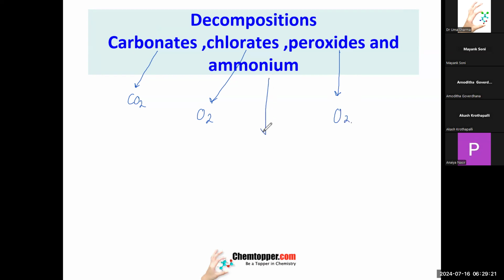All ammoniums undergo decomposition to give ammonia. All azides undergo decomposition to give, yeah, good. It's interesting chemistry, isn't it? Okay, moving on.